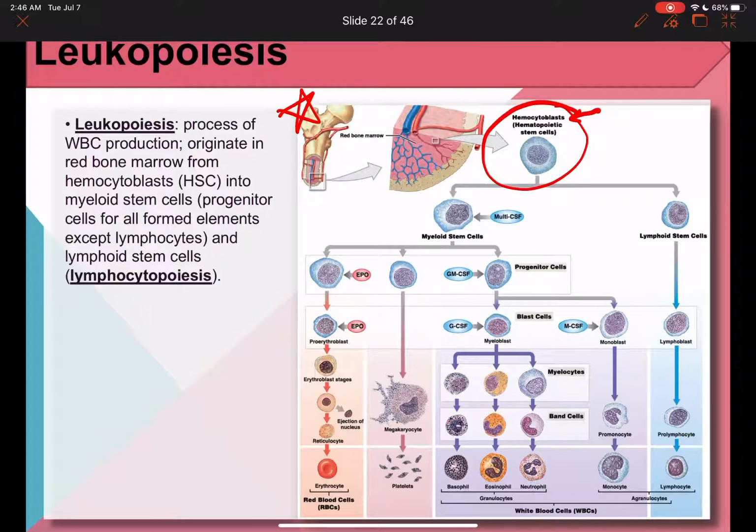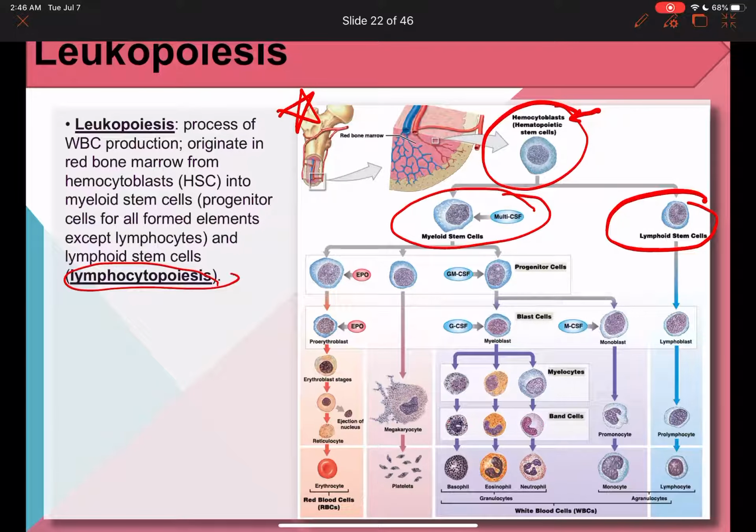Okay, so for leukopoiesis, you still start with hematopoietic stem cells, and then you differentiate into myeloid stem cells or lymphoid stem cells. Myeloid stem cells then differentiate into all types of blood cells down here other than lymphocytes. Lymphocytes form from lymphoid stem cells in a process called lymphocytopoiesis, which is illustrated right here.